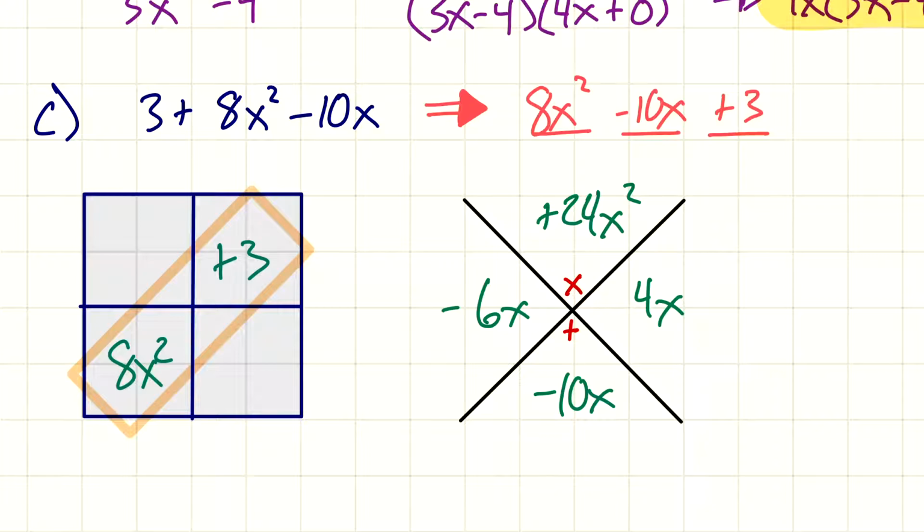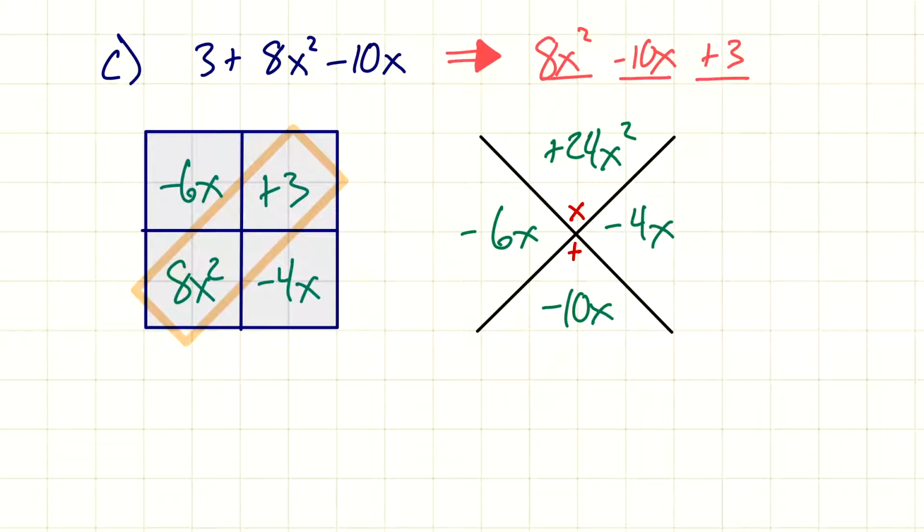So what if I make both of these negative? Negative times a negative gives me positive, and negative 6 and negative 4 give me negative 10. That's perfect. So then I'm going to plug those in. Negative 6x, negative 4x.